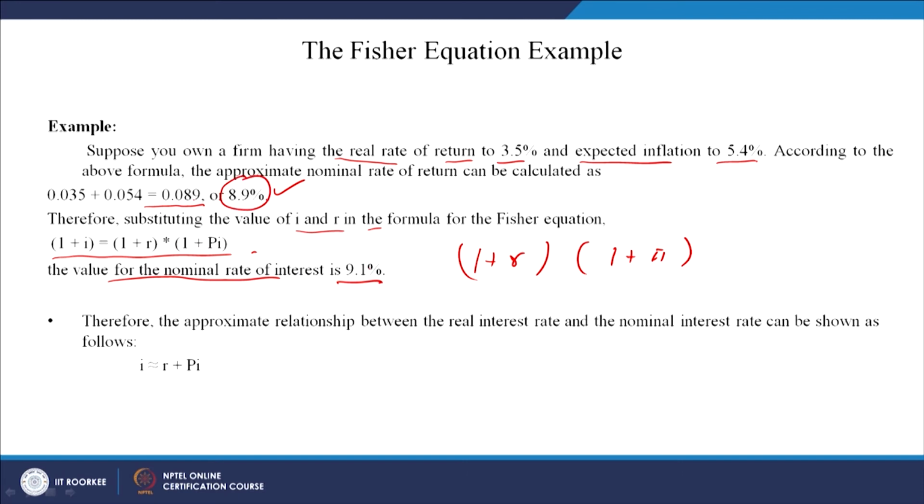So, the Fisher equation is saying that the approximate relationship between the real interest rate and the nominal interest rate can be shown as follows: I, the nominal interest rate, is approximately equal to R plus pi, so real rate plus inflation.